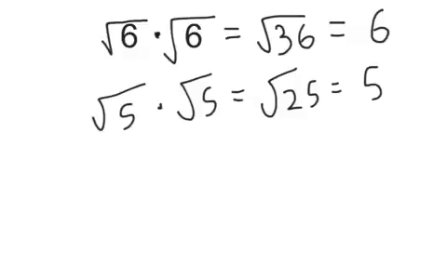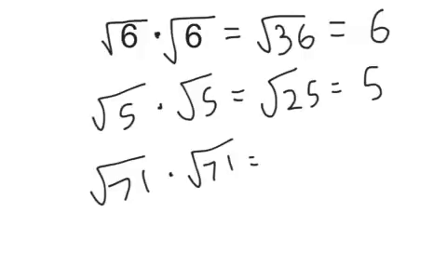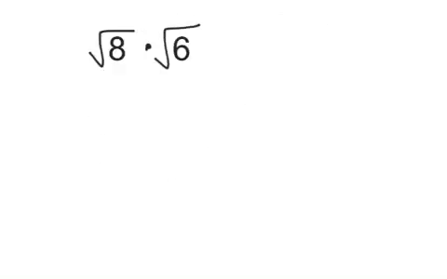So it's always going to be that number. Or square root 71 times root 71. The answer has to be 71. A square root times itself is always going to be that number. So root 1 million times root 1 million is going to be 1 million. Correct. Good.